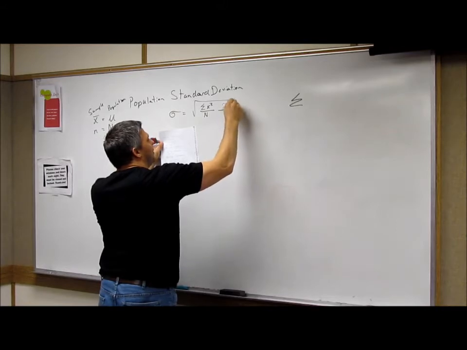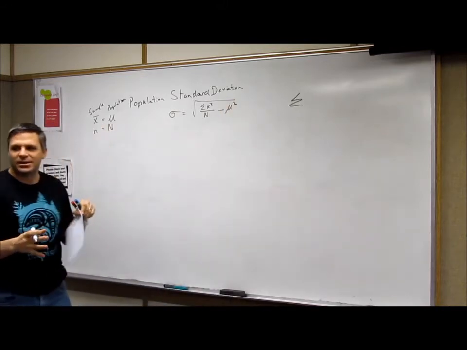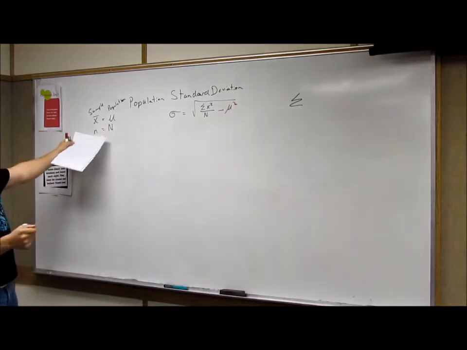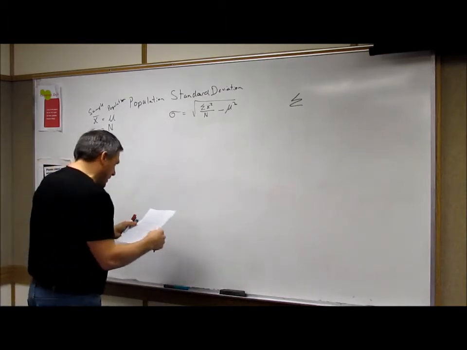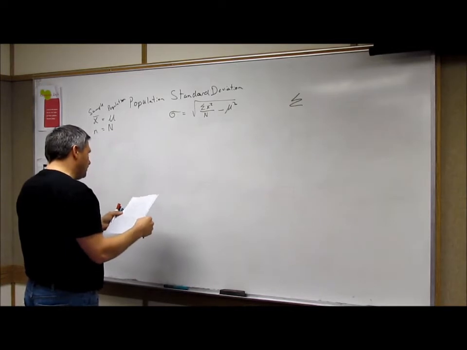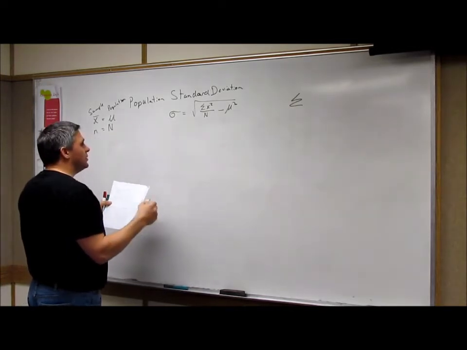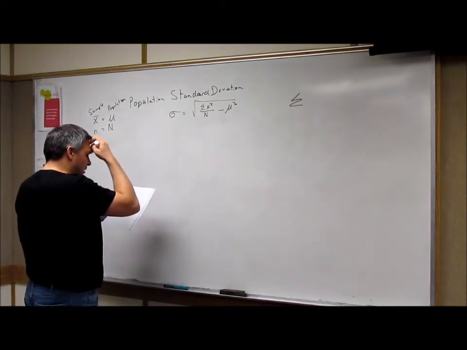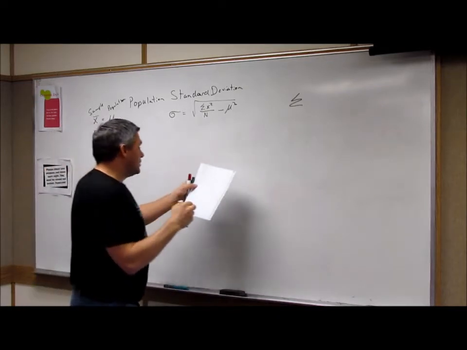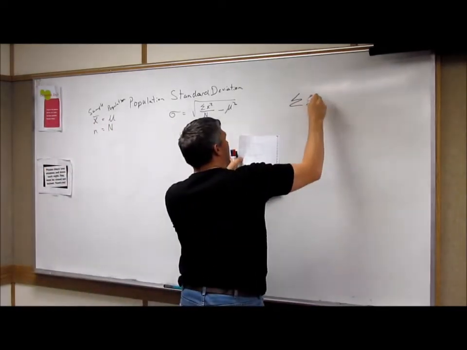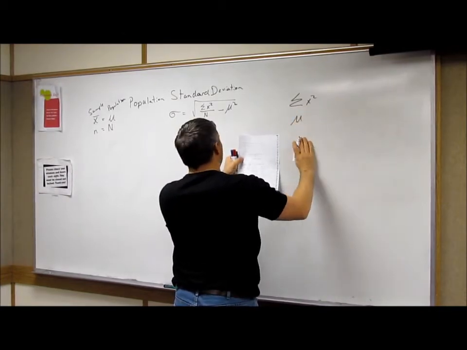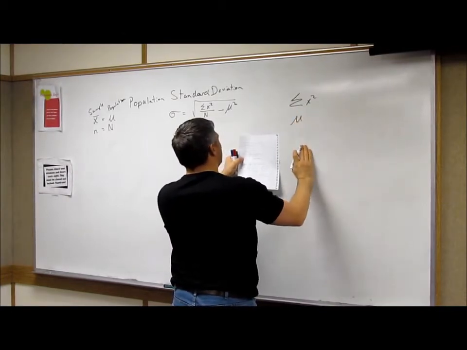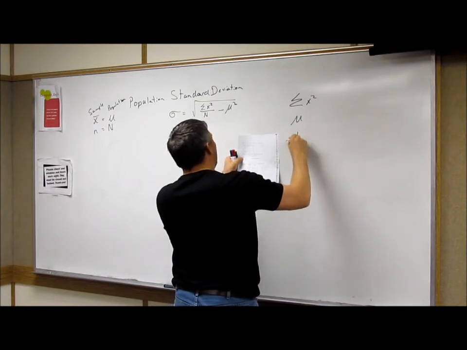So now we're going to start using the stuff that we found earlier. We need to know some things. We need to know the sum of x squared, which equals 230. We also need to know mu and what n is.